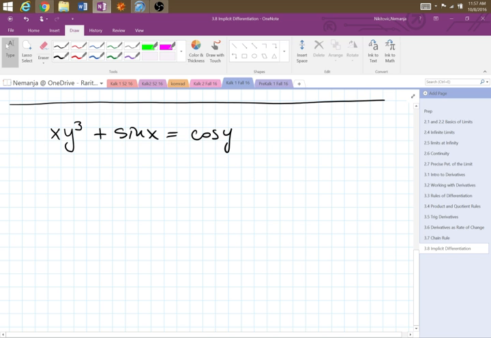Term by term, product rule is first. Copy the first, derivative of the second.